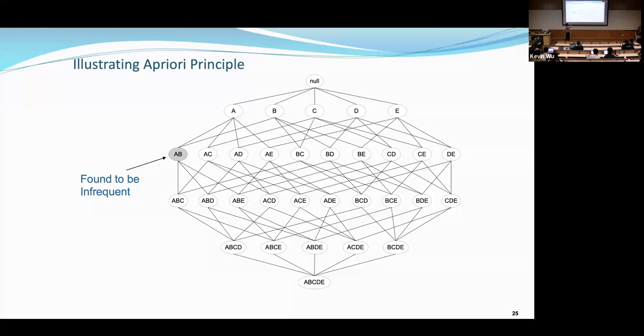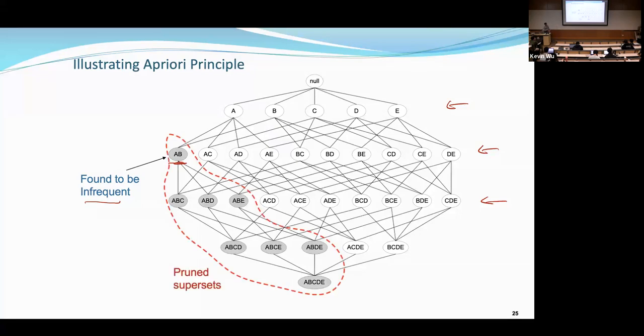While exploring this lattice of item sets, the Apriori algorithm explores it level-wise. It starts with the small item sets, let's say the size 1 item sets. Next, it explores the slightly larger item sets, namely the size 2 item sets, and so on. If at some point the algorithm finds that a particular item set, let's say AB, is not frequent, then it knows that any superset of AB cannot be frequent either.